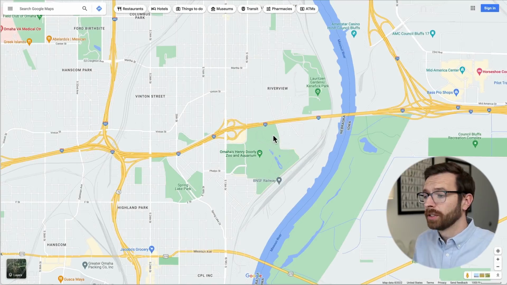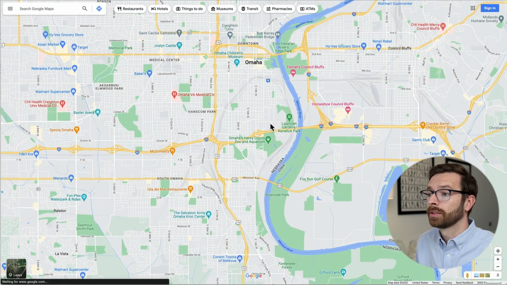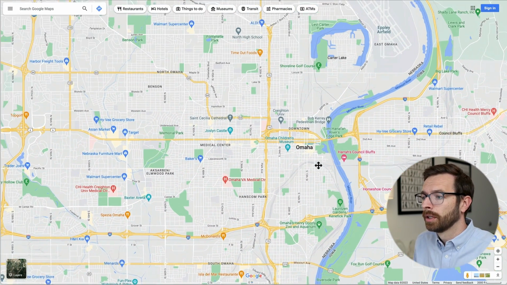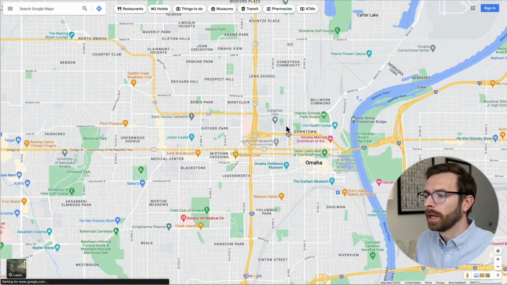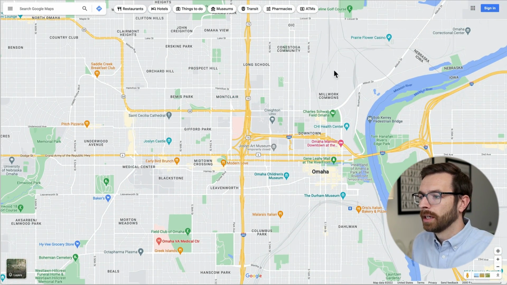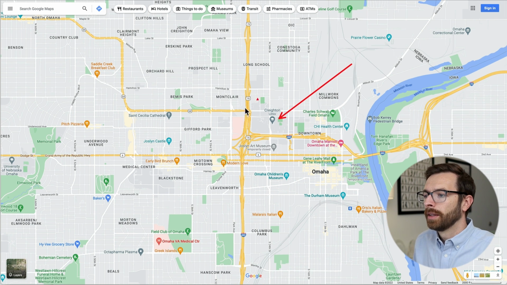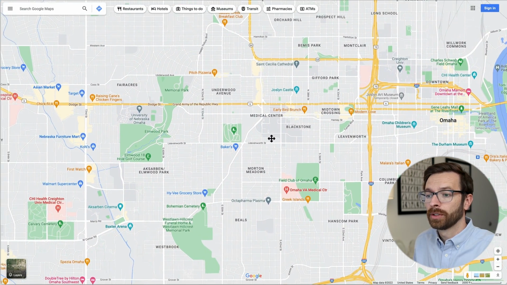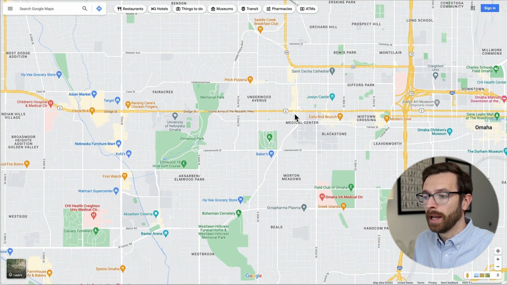A few other places to take note of is Creighton University. So Creighton University is going to be right here. That's going to be the main campus. It does have its medical center at a different spot, but that's where Creighton University's main campus is going to be. And then the other university in the Omaha area is UNO. So that's going to be a little bit further to the west.